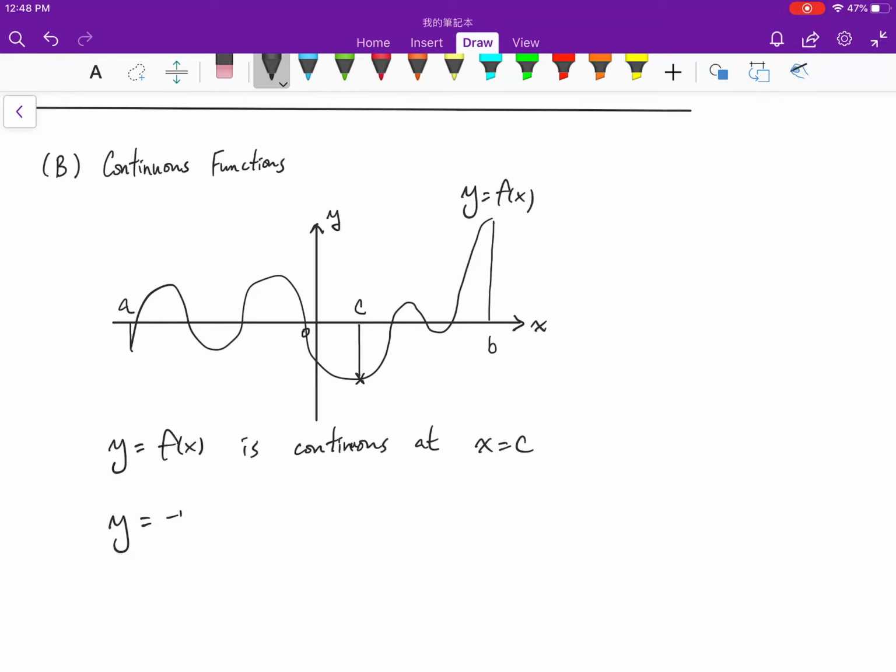And we also can say that actually this is continuous at any point. So we write the interval from A to B, using round brackets to represent it.